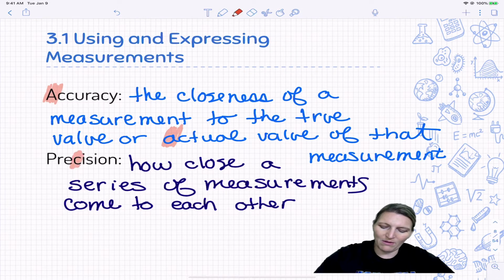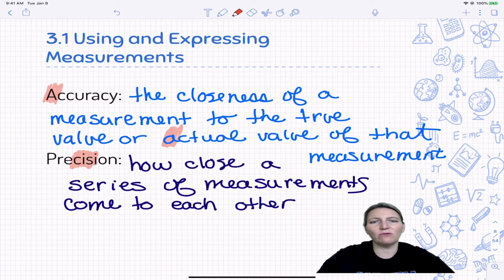And the way that I remember this is think of the sound in the middle of the word precision, right? And that helps me to remember that it must be a series of measurements. So if I measure the density of lead once, then I can't even talk about its precision, because in order to talk about the precision, you need a series of measurements.